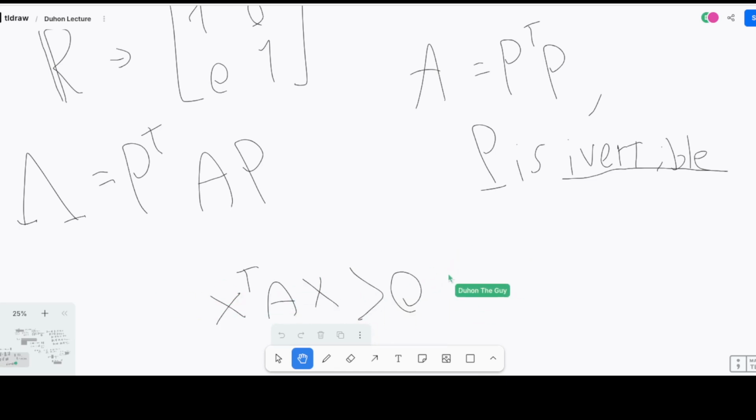So this matrix has to be positive definite, where, of course, x is different from 0. That's going to be a very strong restriction that we're imposing upon this.